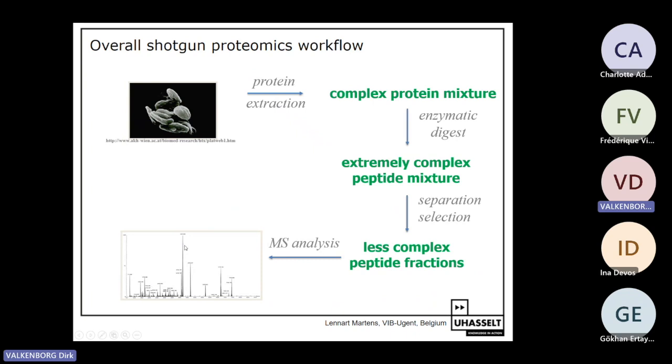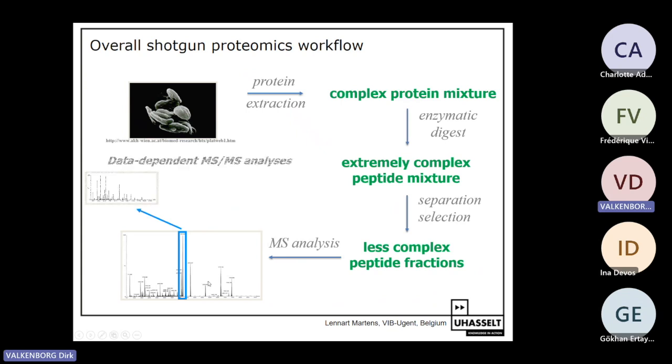And typically, the mass spectrometer wants to have a lot of copy numbers, so they want to have good ion statistics to make such a fragmentation spectrum. Therefore, it selects usually the most abundant peaks in the spectrum.